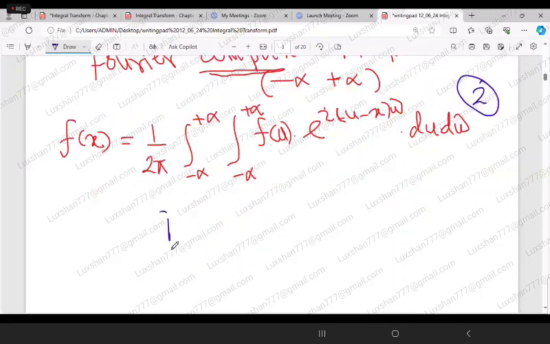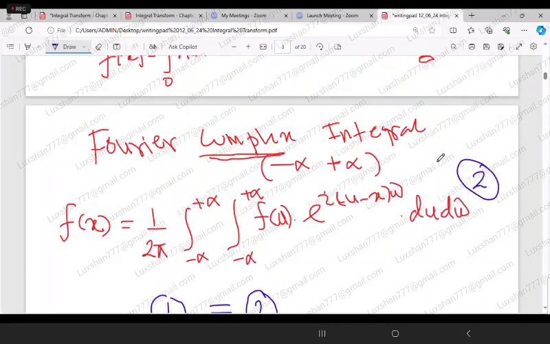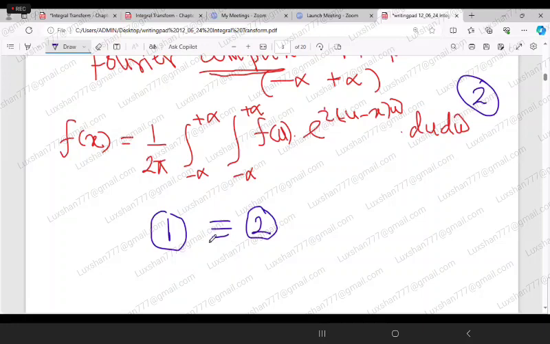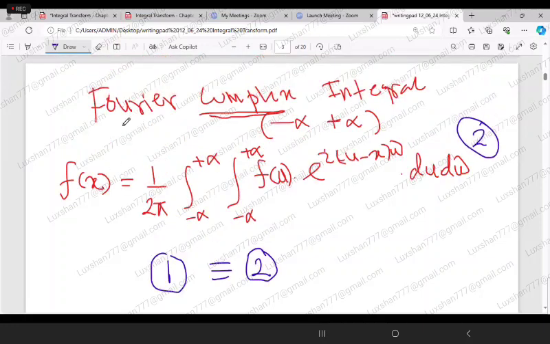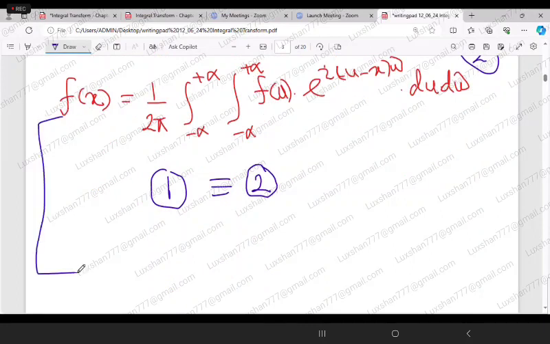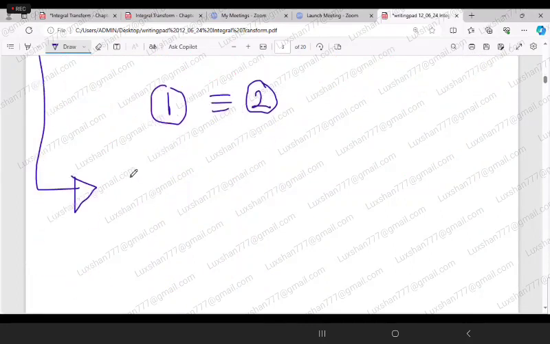Actually the first one is equivalent to the second one. Here the second one is in complex form, the first one is in ordinary form. Okay, so actually from the Fourier complex integral we are defining the Fourier transform. From this onwards we define the Fourier transform.